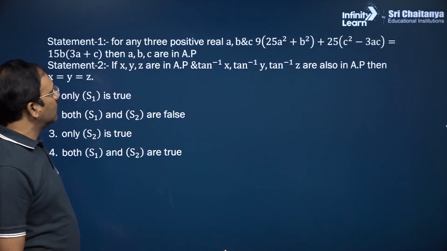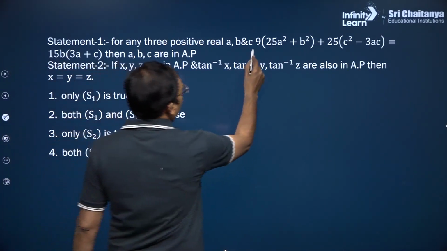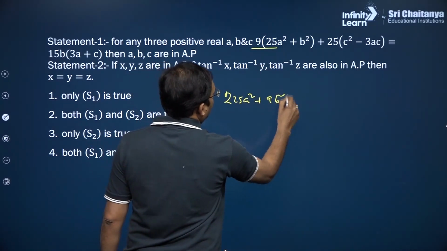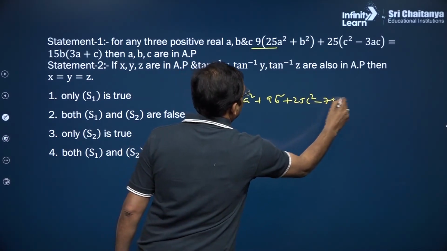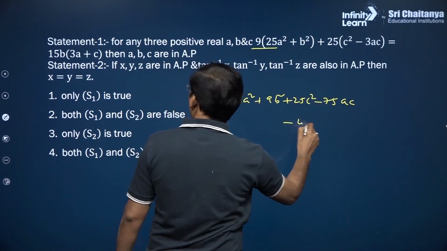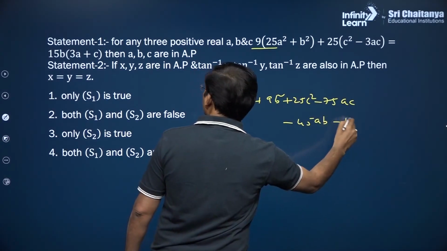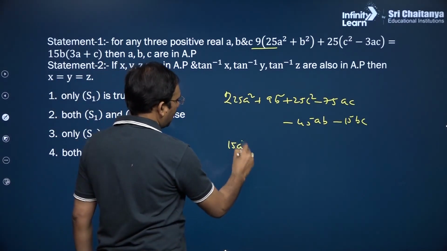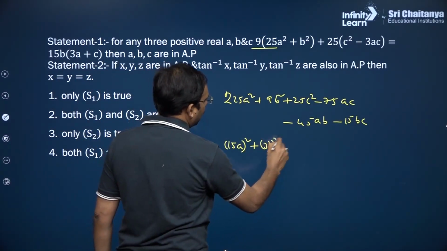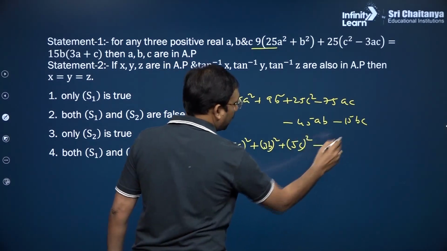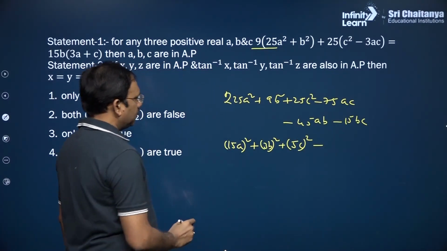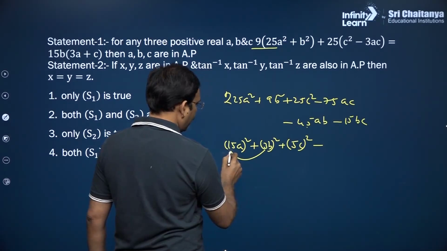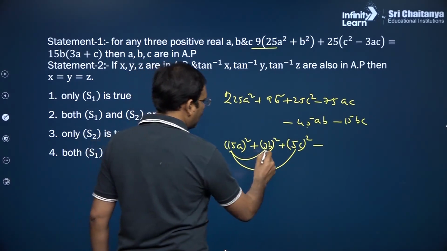Next, my dear friends, you see this equation you can arrange it like 225a square plus 9b square plus 25c square minus 75ac minus 45ab minus 15bc, my dear friends. So you can say 225 means 15a whole square plus 3b whole square plus 5c whole square minus, you see, 15 into 3 is 45, 15 into 5 is 75, 5 into 3 is 15.